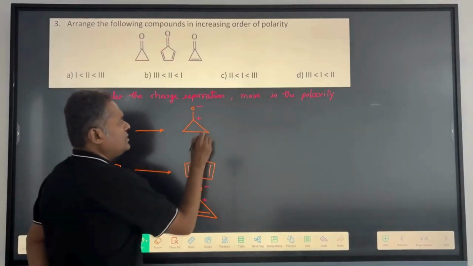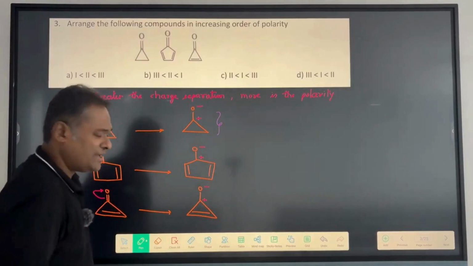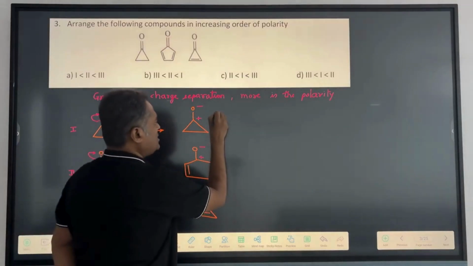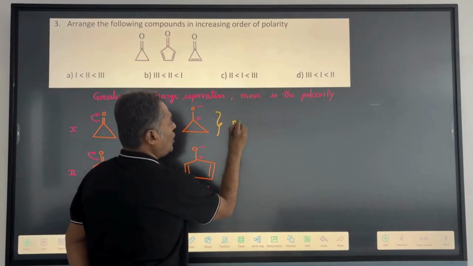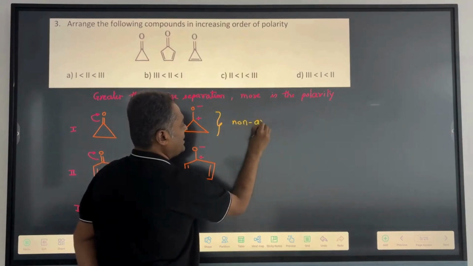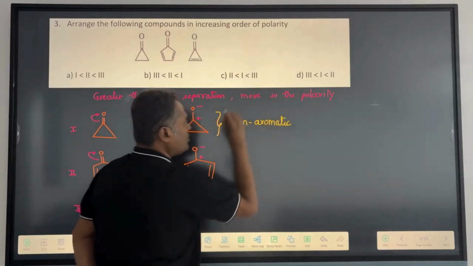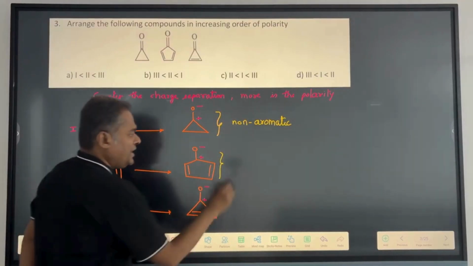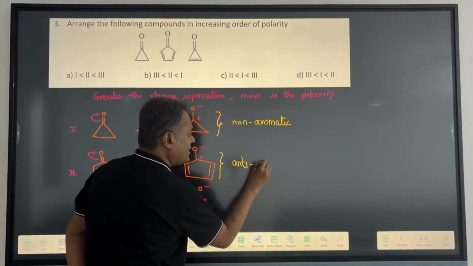If you see this particular part in this example, it's non-aromatic. Whereas in the second example, it's anti-aromatic.